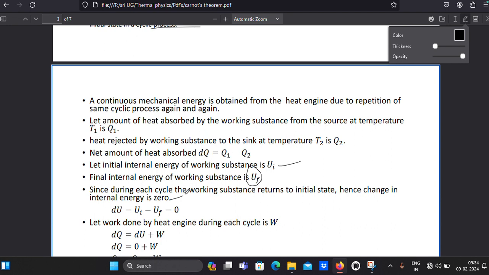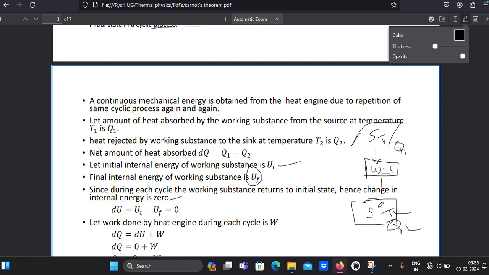Suppose this is a source maintaining temperature T1 and heat energy Q1, and the working substance takes heat energy from the source and gives part of the heat energy to the sink, at a temperature T2 and heat energy Q2.